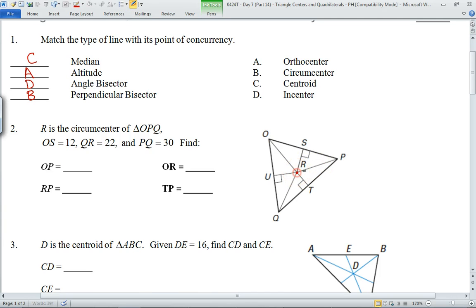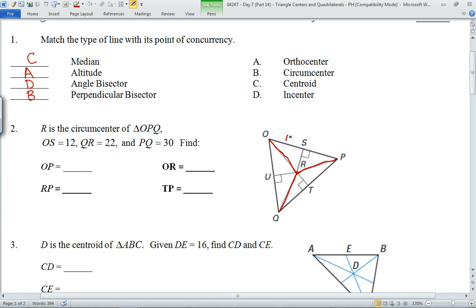Alright, this is the circumcenter. So if it's going to be equidistant to the vertices, that means these segments that I'm drawing now should all be the same. Alright, those 3 segments should be the same because it's equidistant to the vertices. Anyway, OS is 12.